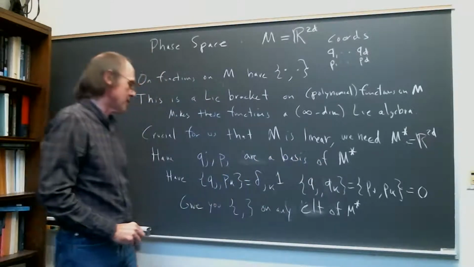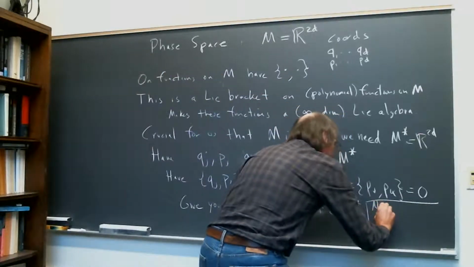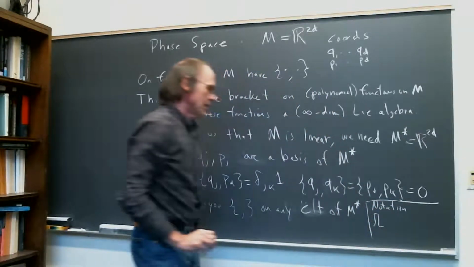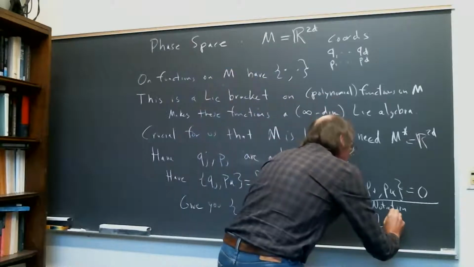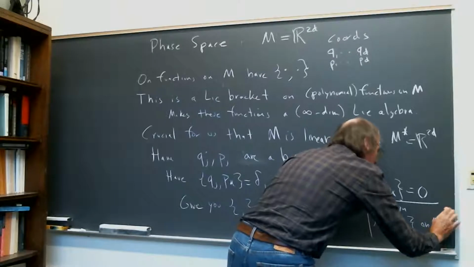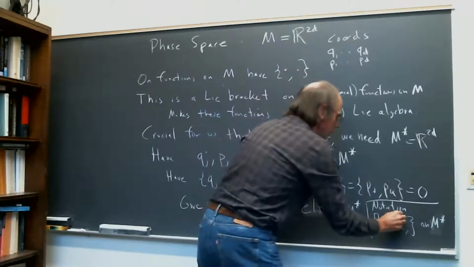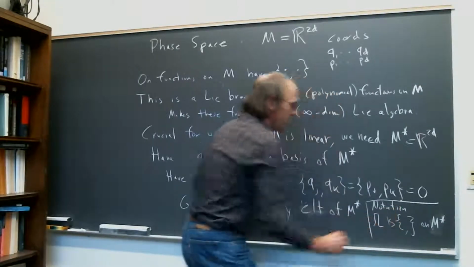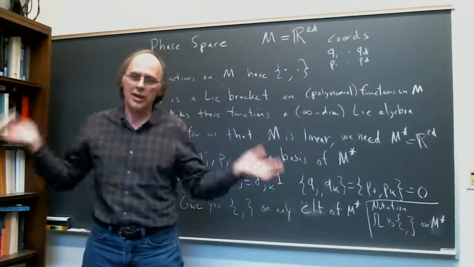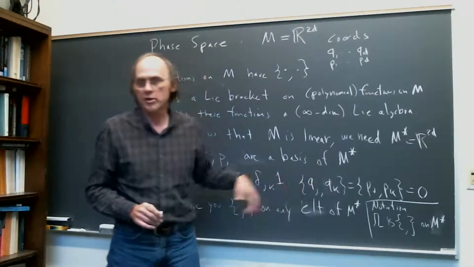Sometimes I'm going to use notation, sometimes when I say omega is this. Sometimes I want to just restrict: instead of thinking about the Poisson bracket on any function, I just want to think about what the Poisson bracket is doing on these linear combinations of q's and p's.